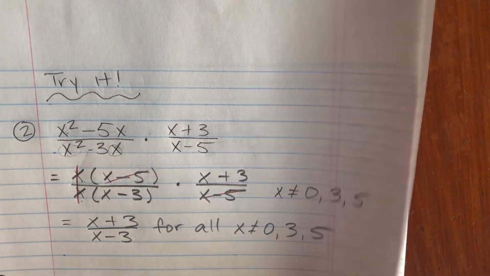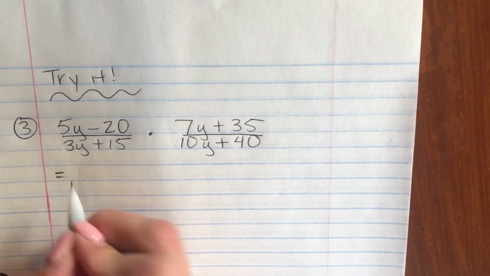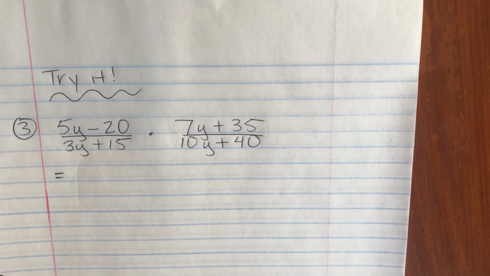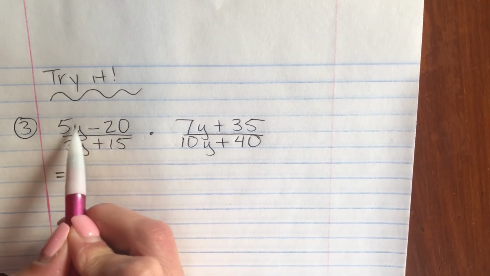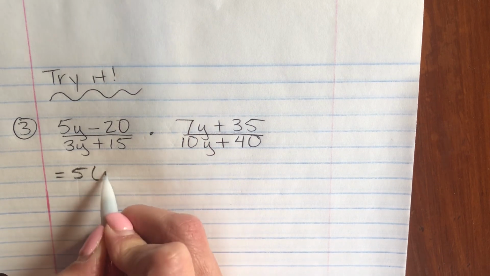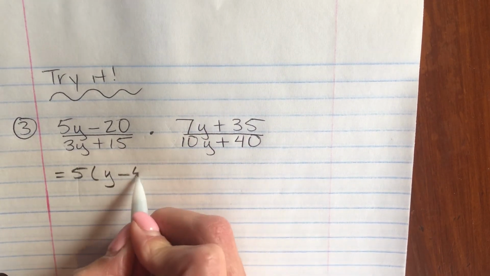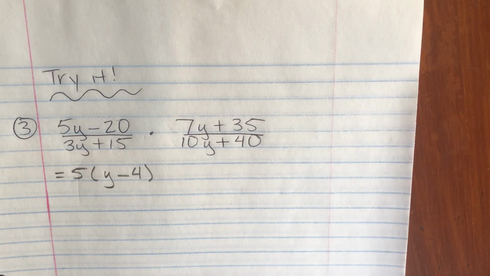One more. Let's try one more. Go ahead and try this one on your own. Pause the video and try it. So you're going to factor completely first. So I can take out a 5. Both of these terms are divisible by 5. Factor out that 5. You're left with y minus 4. Okay.